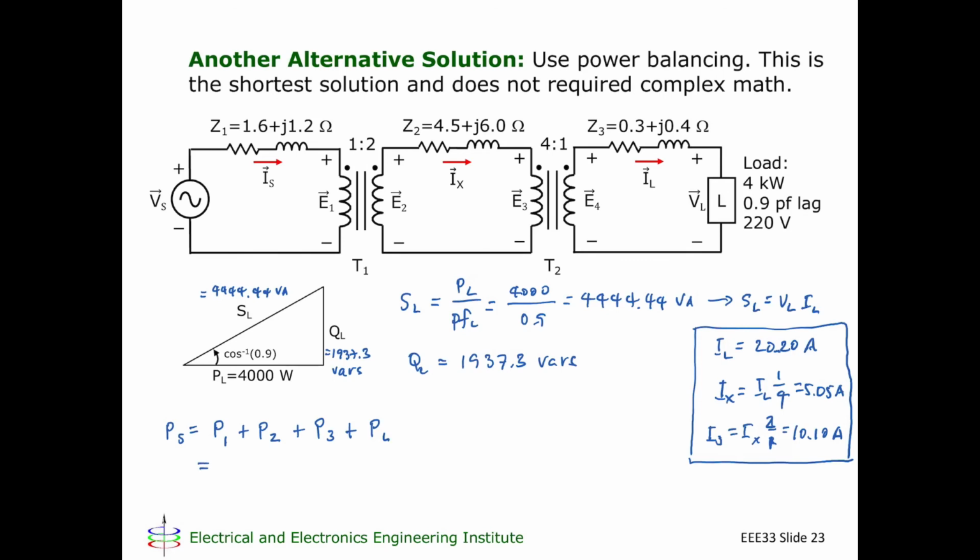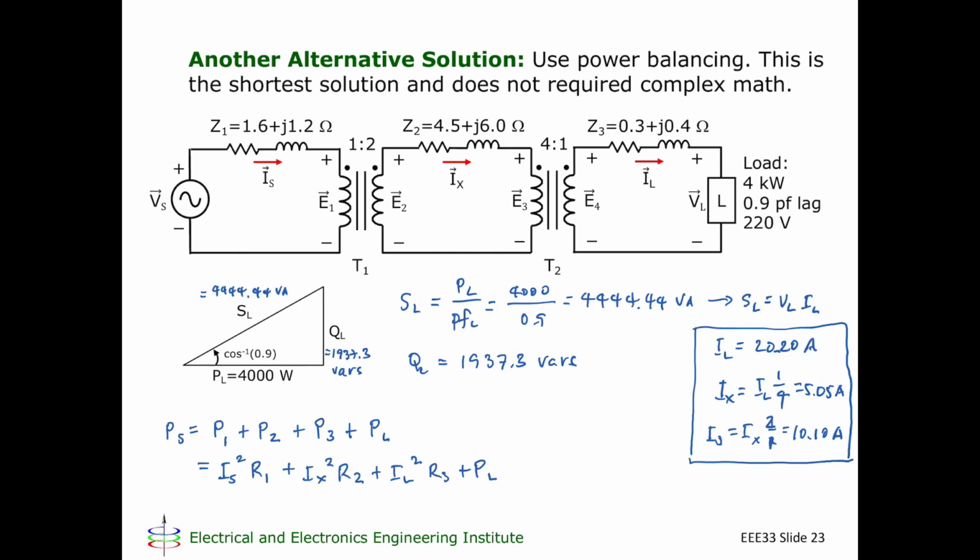P1 is the RMS value of I of S squared multiplied by R1. P2 is I of X squared multiplied by R2. And P3 is I of L squared multiplied by R3. Plus, finally, you have P of L.